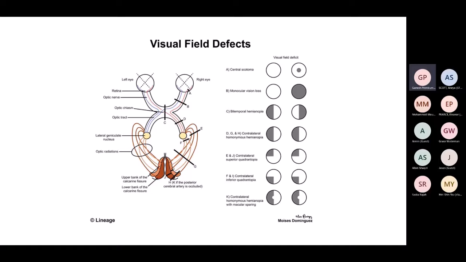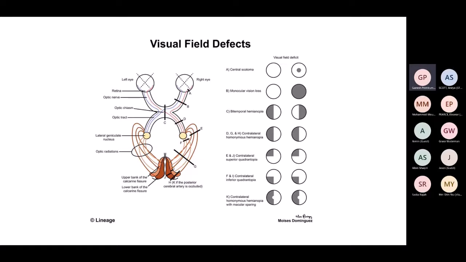That sort of visual field loss only happens at the optic chiasm. So when we see two different sides of vision loss, think optic chiasm. If it's the same side of vision loss, think optic tract. If it's just one eye being affected, optic nerve.